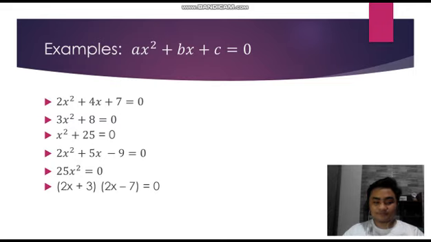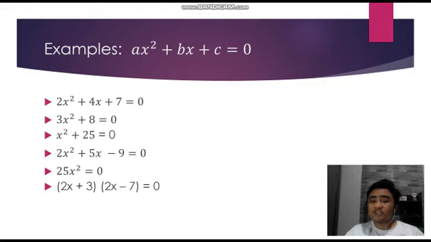Example 3, x squared plus 25 equals 0, is still a quadratic equation because the highest possible exponent is 2. Same with the fourth example, 2x squared plus 5x minus 9 equals 0, and the fifth example, 25x squared equals 0.